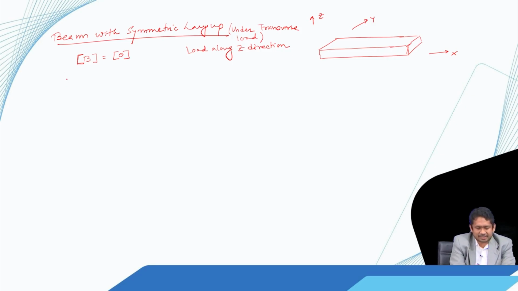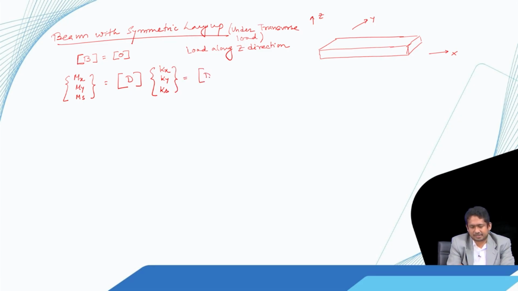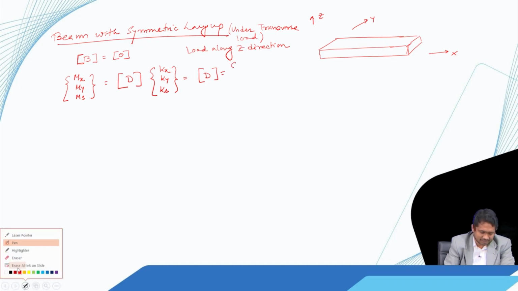So we can write the uncoupled equations, the moment resultants Mx, My and Ms, as the D matrix multiplied by kappa x, kappa y and kappa s, and we know that these kappas are the second order derivatives and mixed derivatives of w.